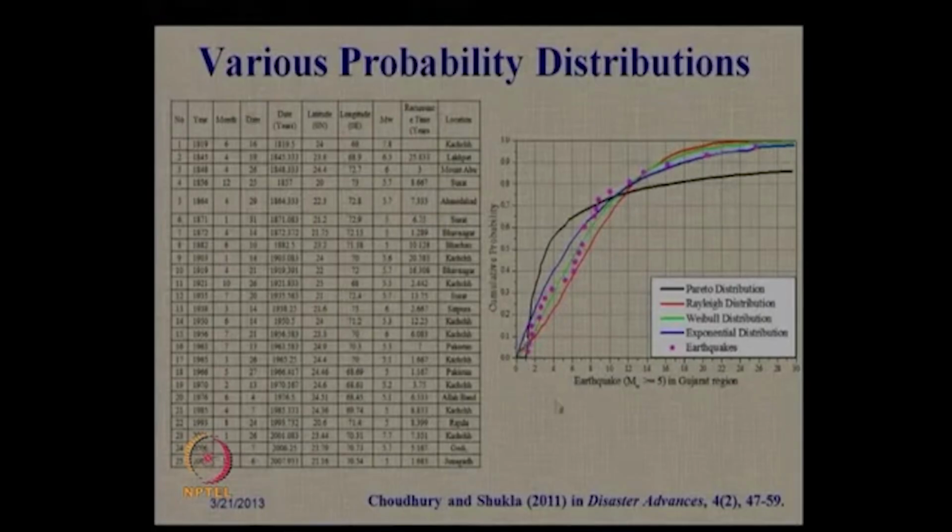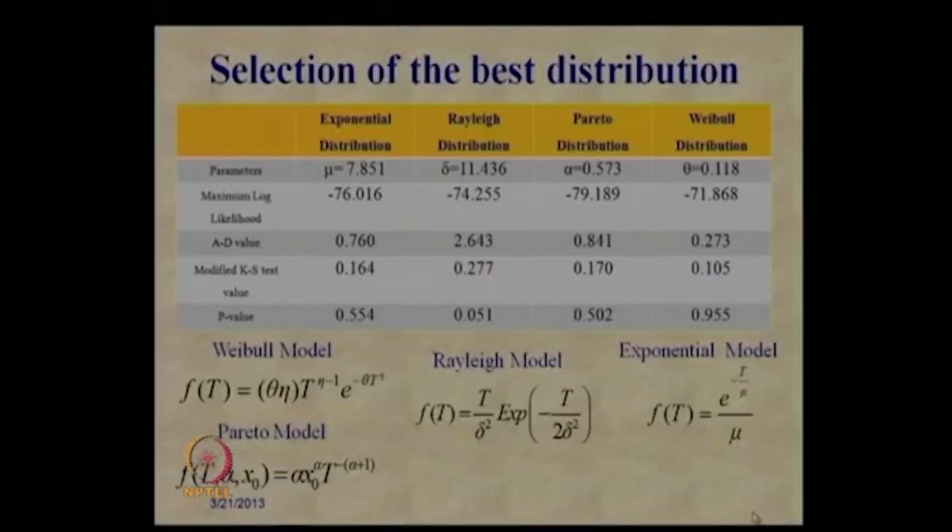So, this study in detail you can find in the journal paper by Chaudhary and Shukla in 2011, in the journal Disaster Advances, volume 4 number 2, page number 47 to 59. So, let us look at the selection of the best distribution. Which distribution is the best one and which one can we select out of these 4 different distributions?